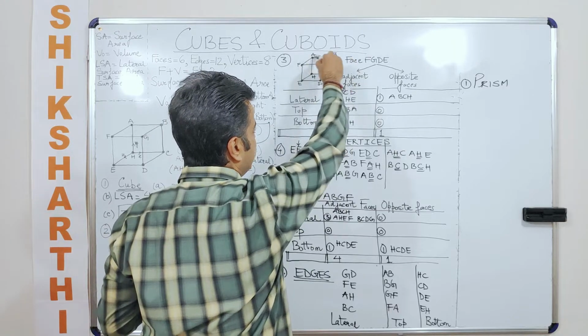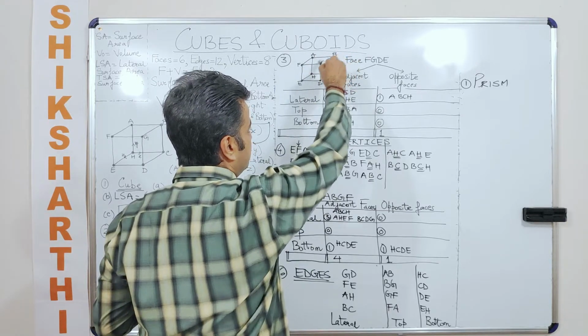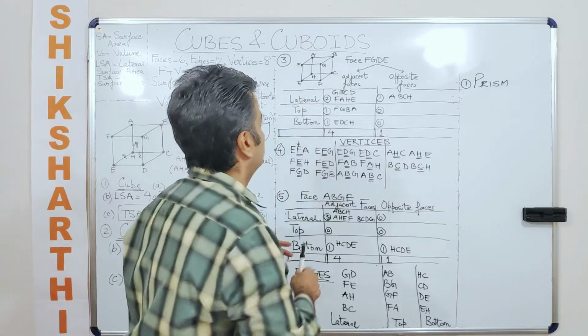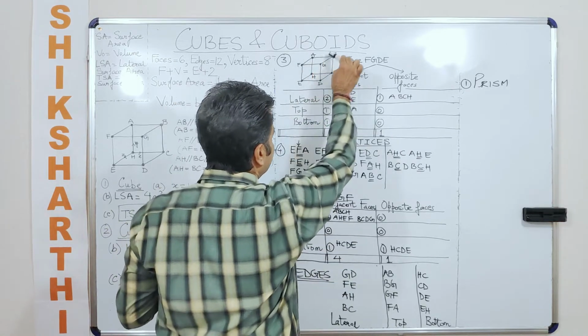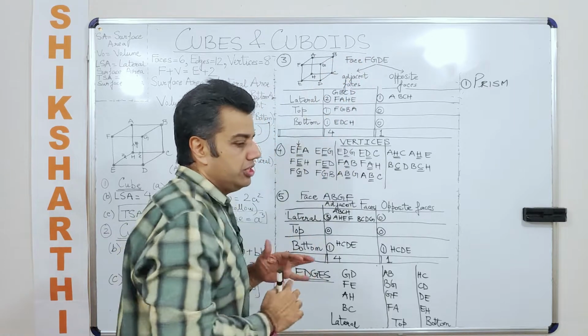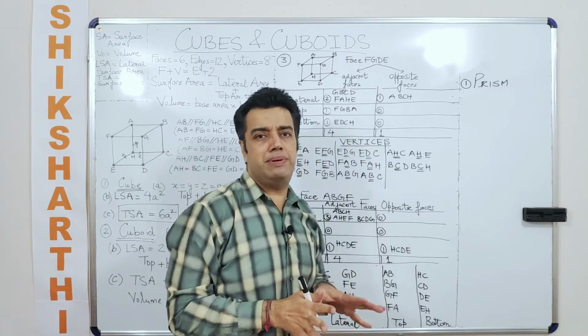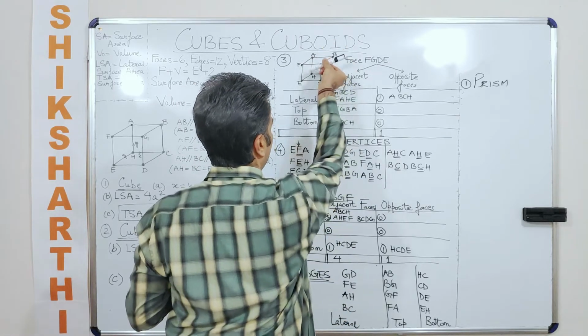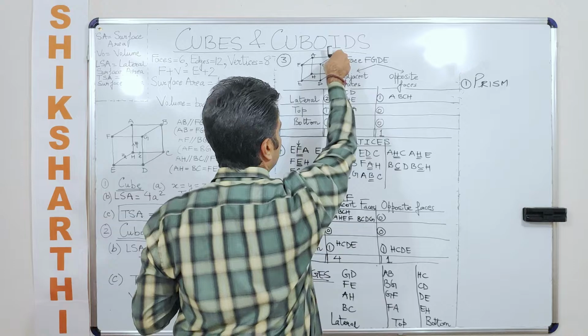One edge is edge AB, the other edge is BG, and the third edge is BC. So AB and BG are the edges which are lying on the same plane. So let's assume that this is my x-axis, this is my y-axis, and in that case this becomes the z-axis.